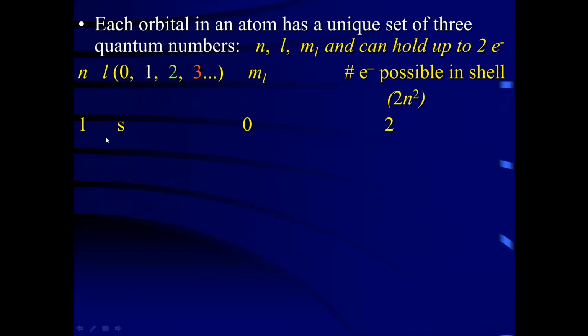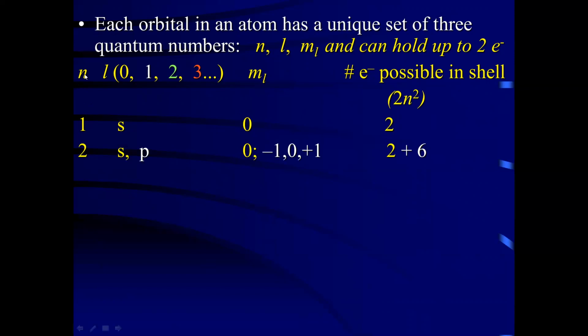So this is one set of quantum numbers, meaning one orbital. This one orbital can hold only 2 electrons. One electron has a spin quantum number of positive half, and the other has negative half. Only 2 possibilities, meaning 2 electrons.